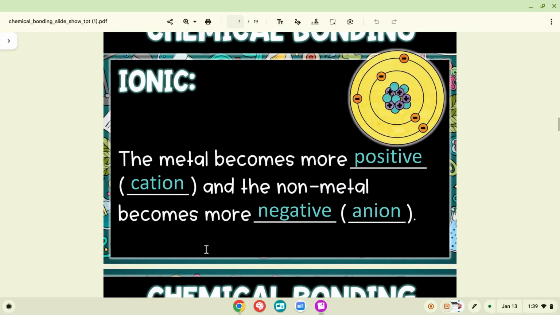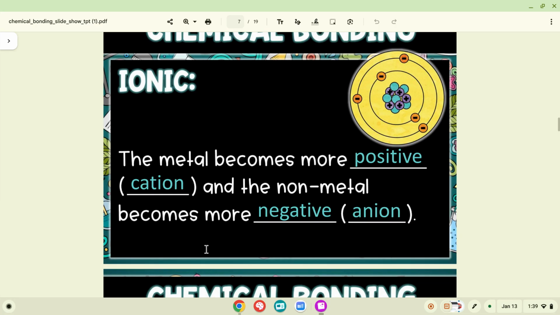In the ionic bond, the metal one becomes more positive, which is called a cation. We remember this because it's positive: cats are cute. And the nonmetal becomes more negative, and that's called the anion. Okay, so I remember that because A means like without, like in anemia, it means you're missing something in your blood or things like that.